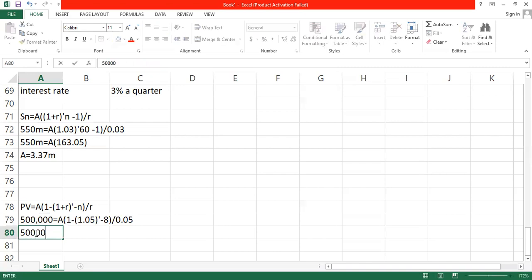We have 1.055 exponent negative 8. You subtract that one from 1, so you have 1 minus that.